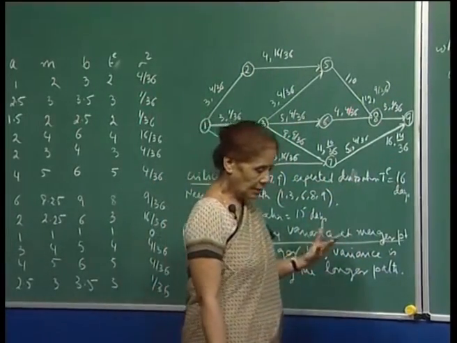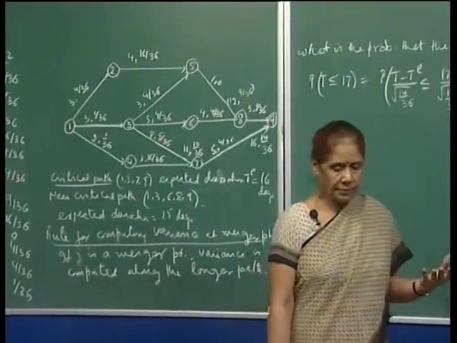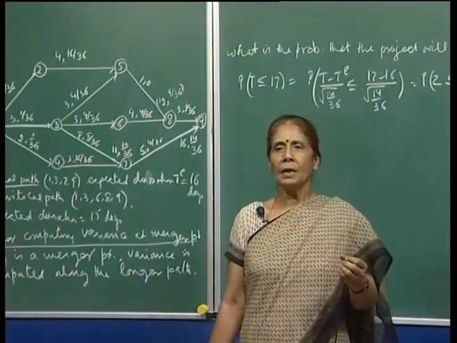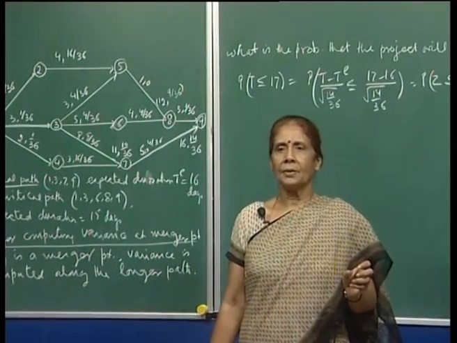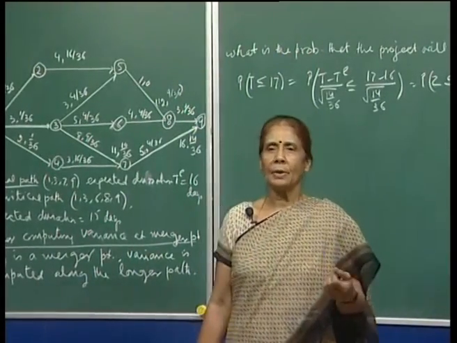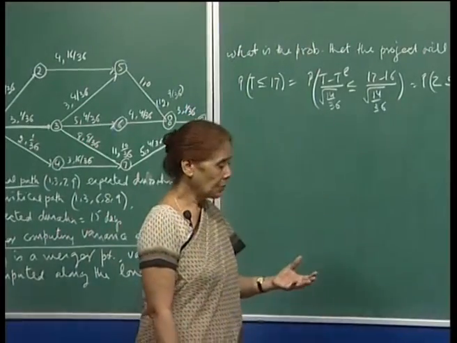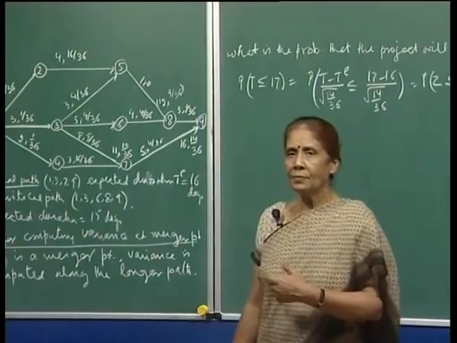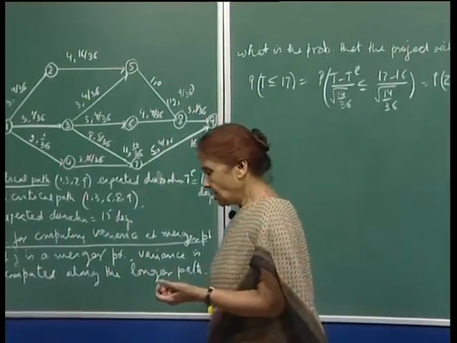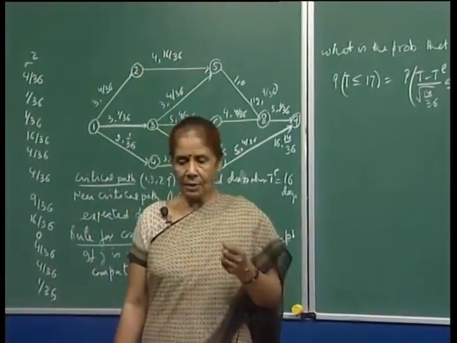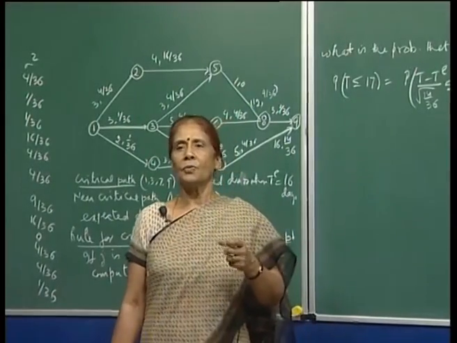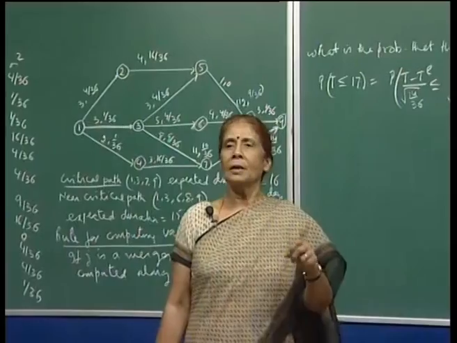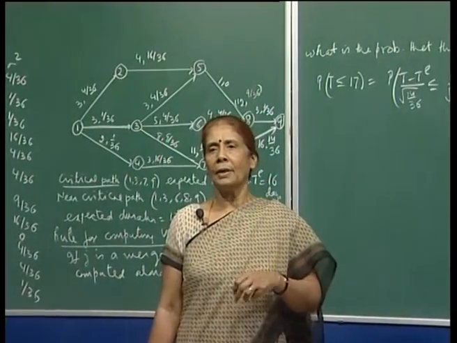In the beginning I told you that we break up the project into activities which we think are independent of each other, in terms of resource requirements and time to complete. If you assume independence, then for the sum of two random variables x plus y, the variance is the variance of x plus the variance of y.